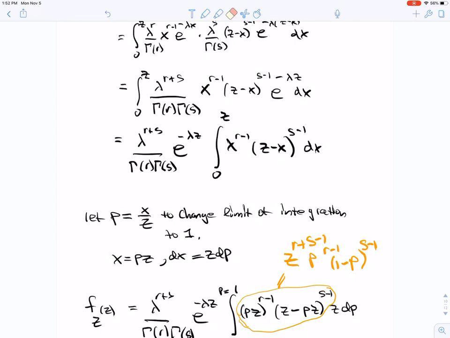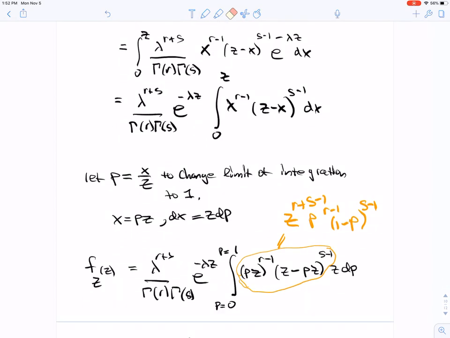We make a change of limit of integration to introduce a variable p between 0 and 1. Notice that z is greater than x, because z is x plus y, where x and y are positive. So p takes values between 0 and 1.